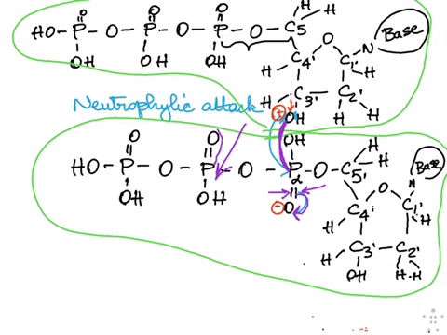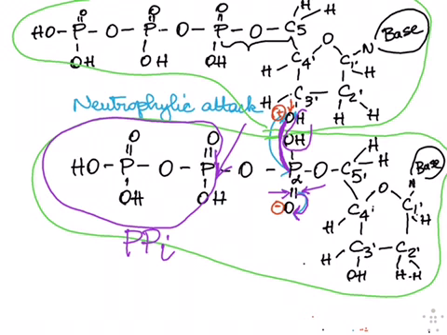The pyrophosphate, or diphosphate, I'm going to circle it, we call it PPi, leaves. Also, a water molecule, also in purple, I'm circling it, leaves.